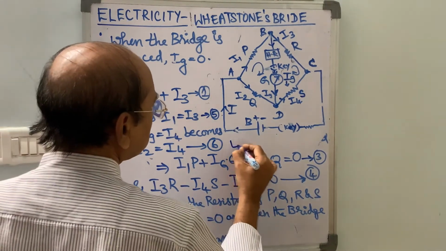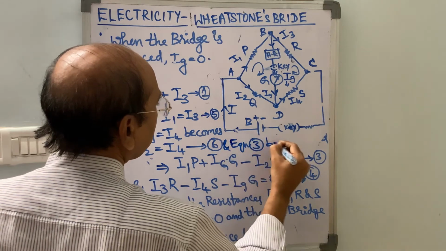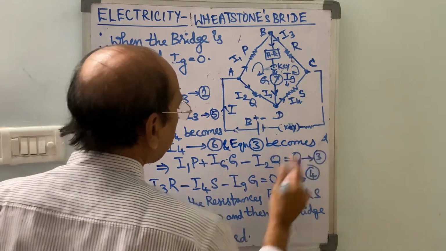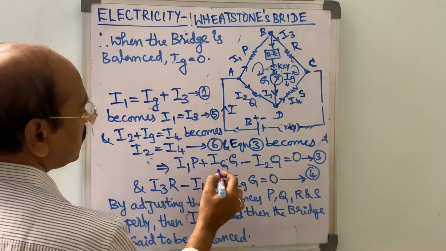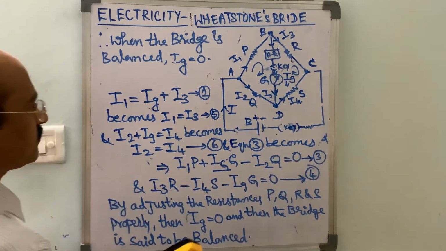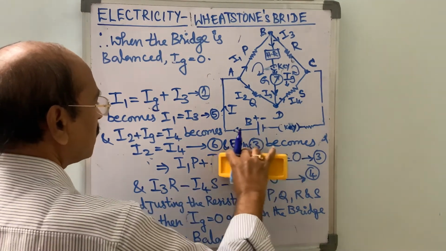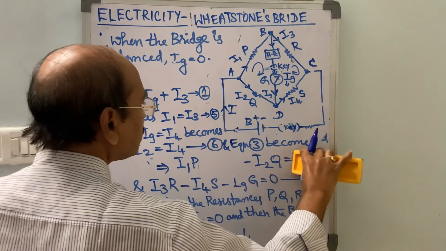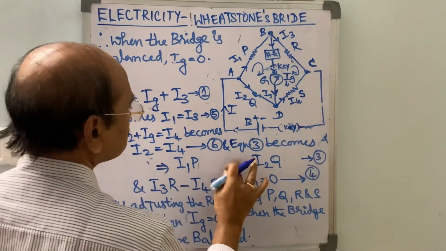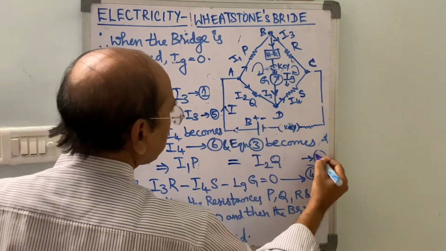Now equation 3: if Ig is 0, this part is 0. Therefore I1P equal to I2Q. Let this be 7.